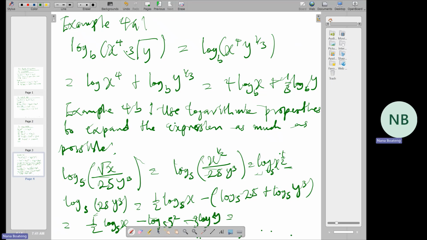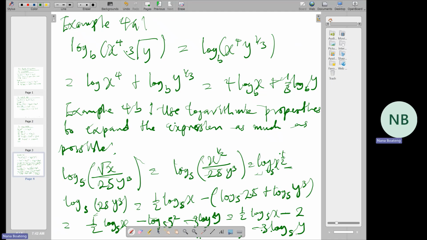And this equals 1/2 log base 5 of x minus, log base 5 of 5 squared is 2, so minus 2, minus 3 log base 5 of y. So this is how far we're able to expand this expression.